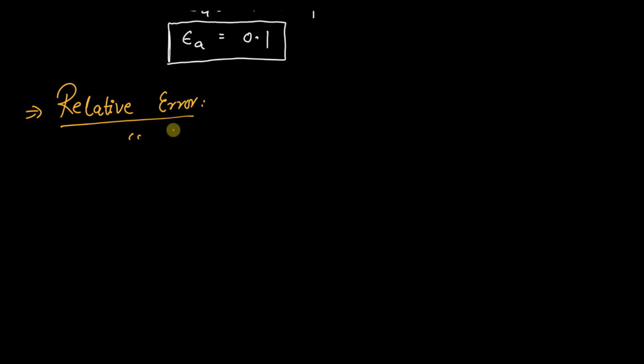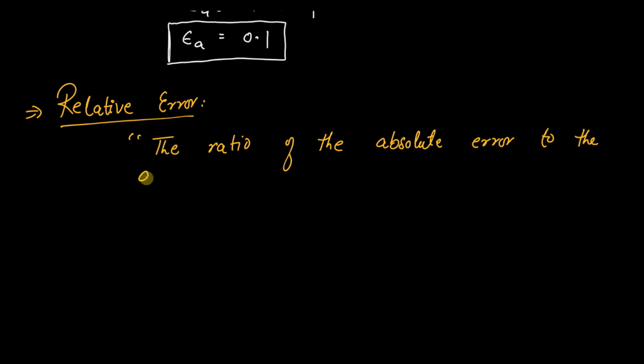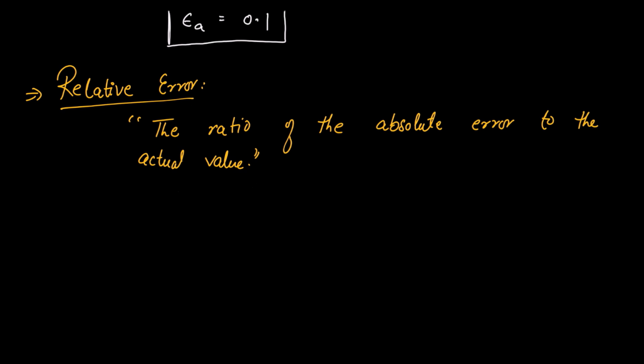So if we define a relative error, the relative error is the ratio of the absolute error to the actual value. The formula of a relative error may be denoted with ER, or you may denote it with epsilon R. Both are notations of relative errors.